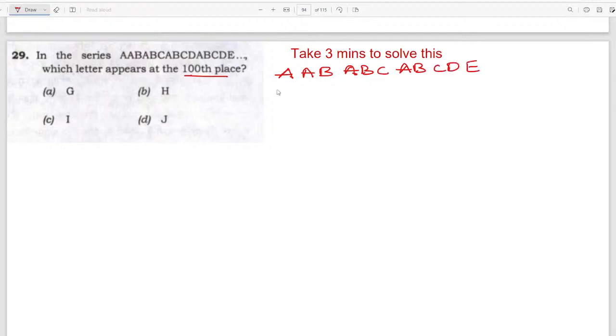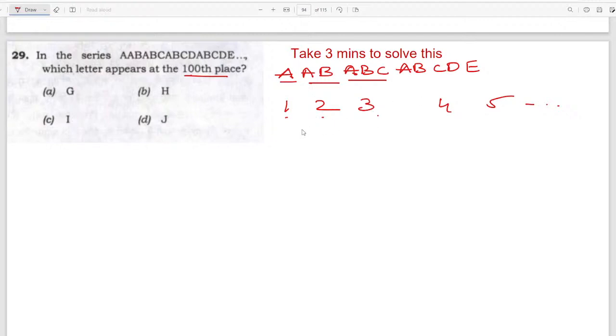So how do we calculate which place? You can see there is a pattern here: 1, 2, 3, 4, 5, and so on. If we want to calculate the third letter, we have to add 1 and 2. And to calculate the 6th letter, that is nothing but the sum of 1, 2, and 3.